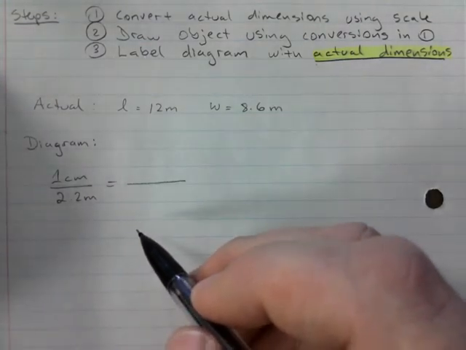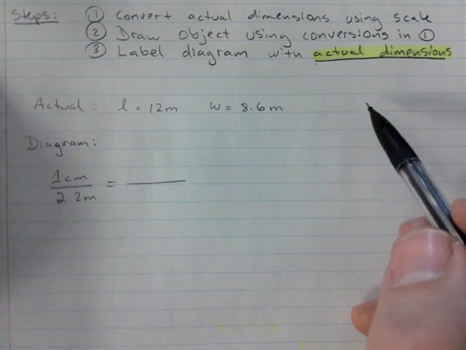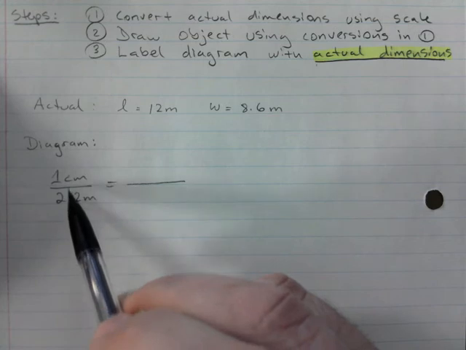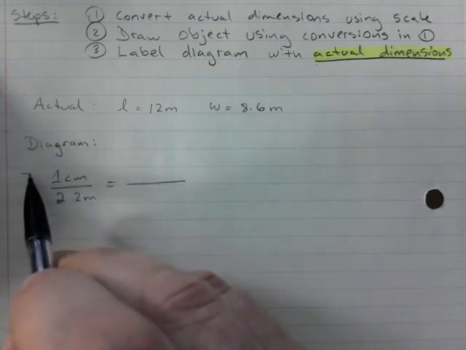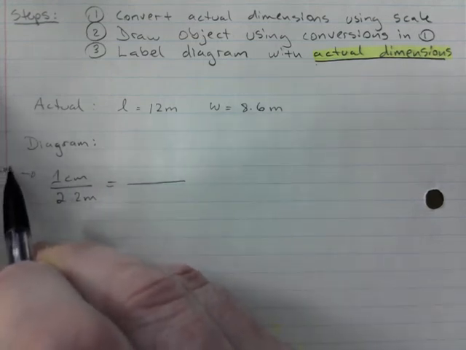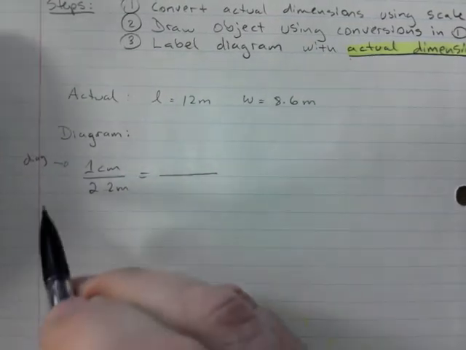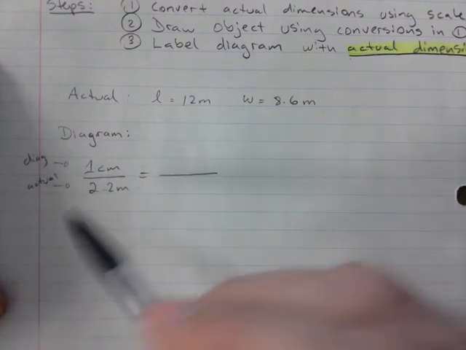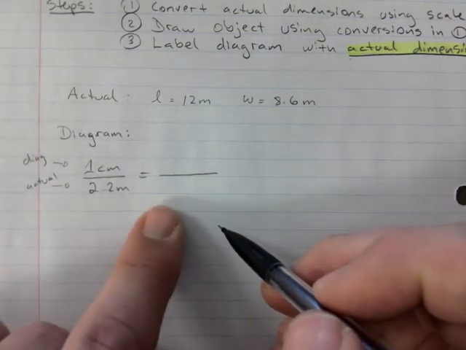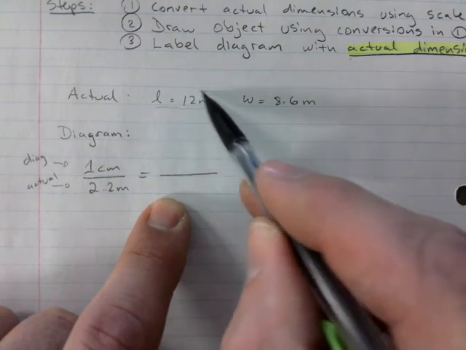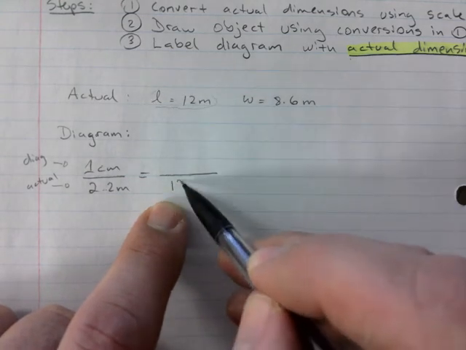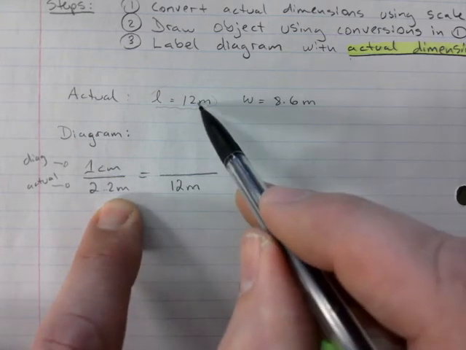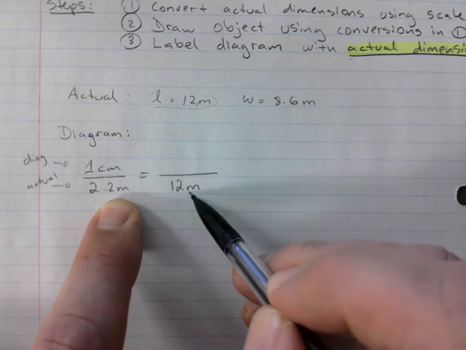And do you recall which one of these is actual, which one is diagram? The top is diagram. And this is actual. Just to remember that as you're working. Okay, so when I look at the length here, the 12 meters will go here. 2 reasons: meters match with meters, and this is the actual measurement of the room, so that should go down here.